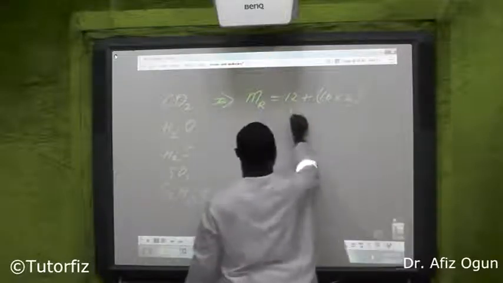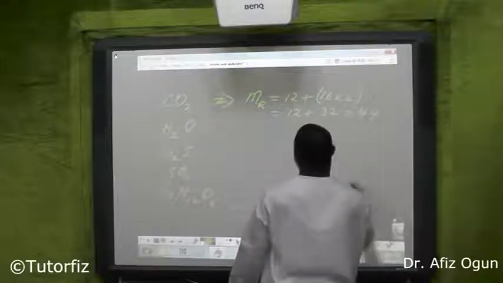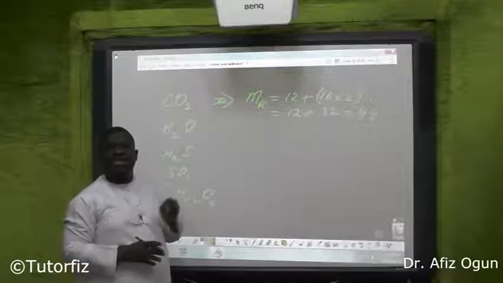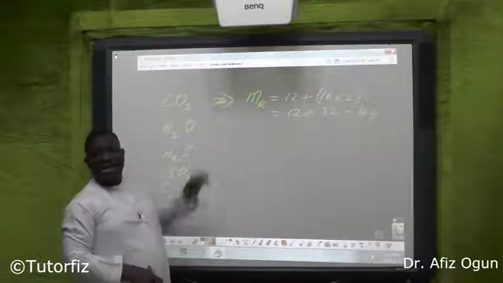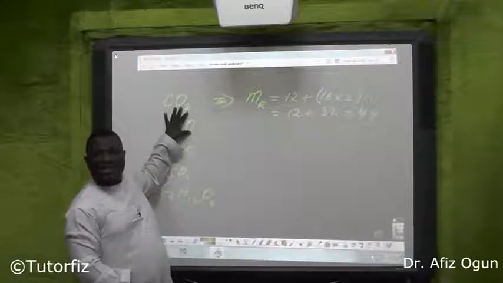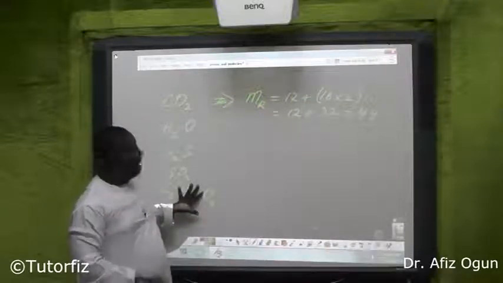So this gives us 12 plus 32. Mr of carbon dioxide will be 44. So the summation of all the atomic masses of each atom of elements in that molecule is the Mr, or what you call relative molecular mass. Molecular, they have to be covalently joined together.